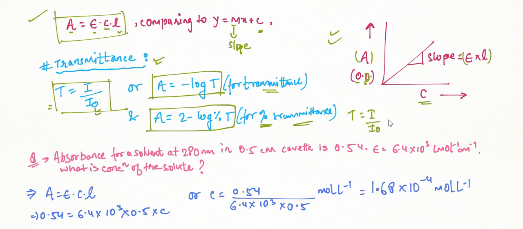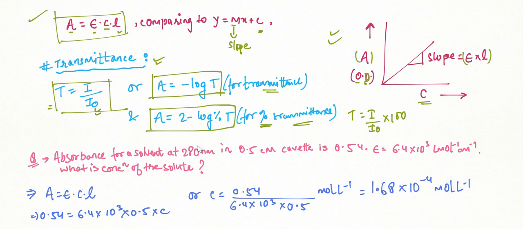So if we are using percentage, then this will be multiplied by 100, and if we are taking minus log of T, then it will become minus log of 100, which is basically 2. So 2 minus log percentage of T comes from multiplying 100 into this. I hope that you are clear on this.